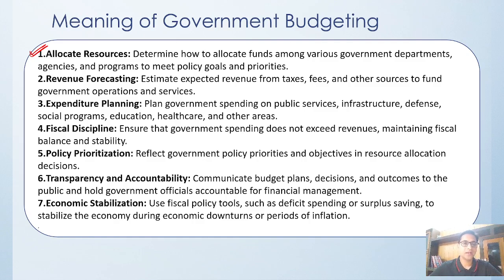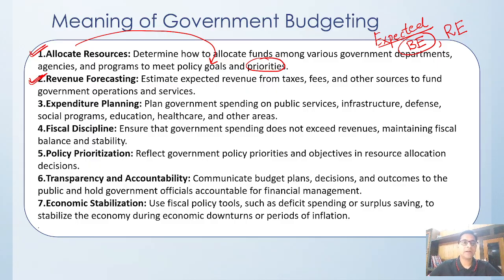Government allocates these funds because it has policy goals and priorities to be achieved. Then government also forecasts the revenue for the next year, how much it is expecting. That is the budget estimate. After one year they do the revised estimate, and then we get the actuals.